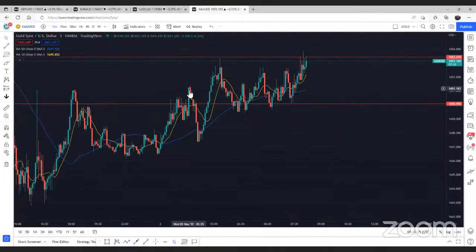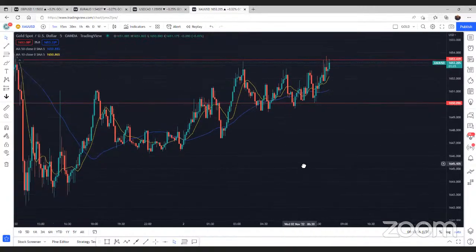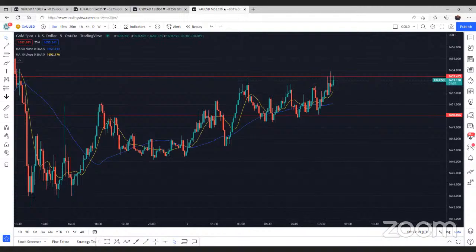So let's look at gold. Gold is also within those two red lines, where I would not be looking to get into trades.